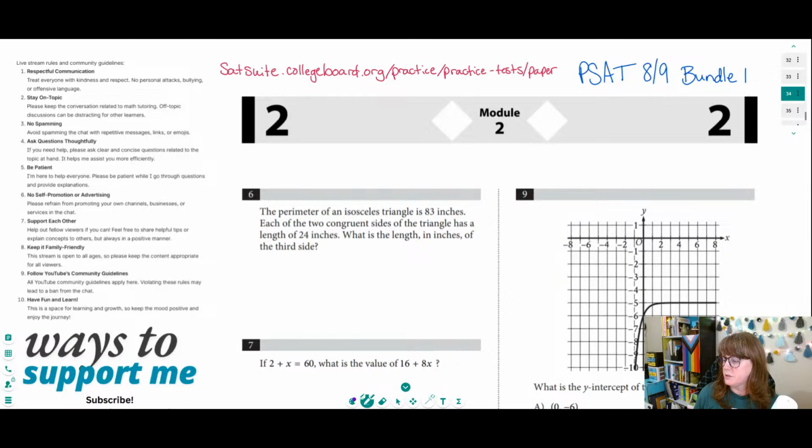So I do want to try to get as much in here as possible. Let's try to get through some of these, and then I do have the SAT next. I've got 2 pages of that as well.